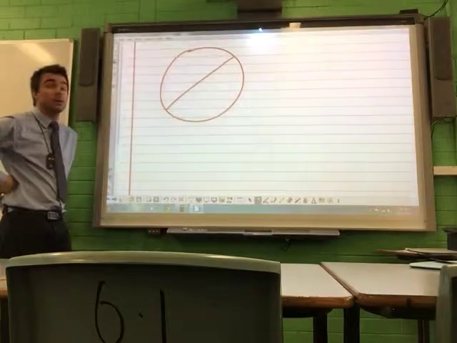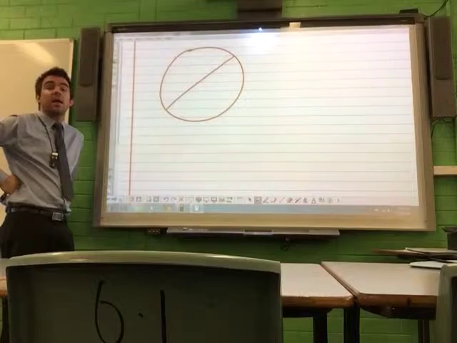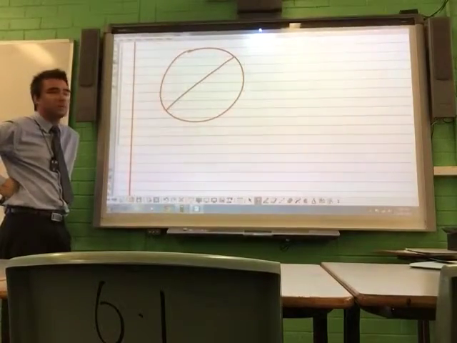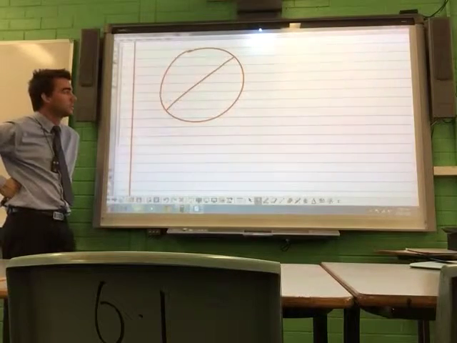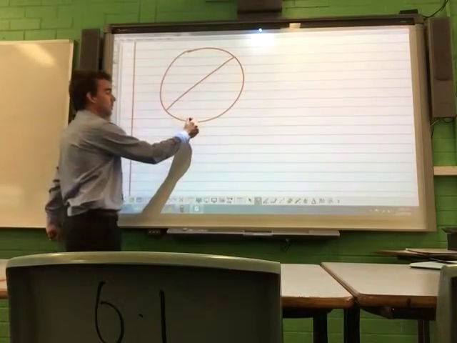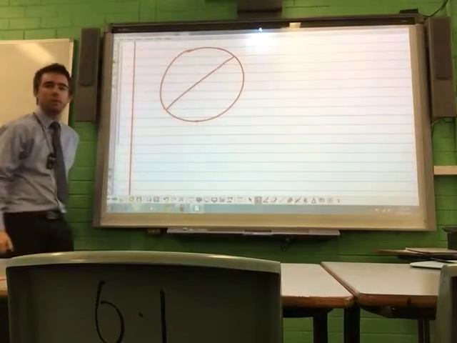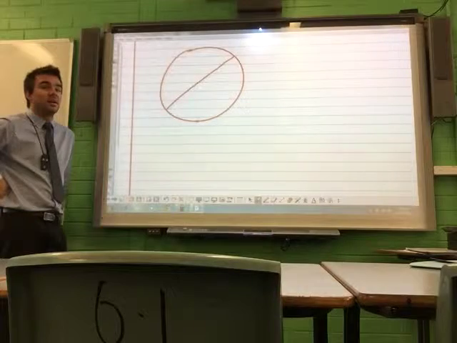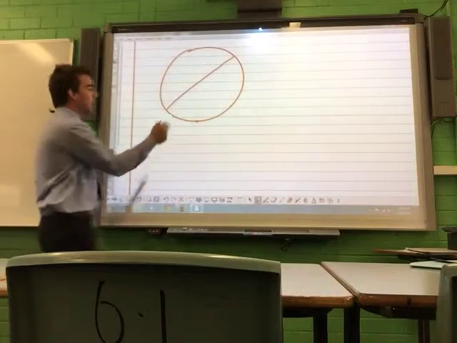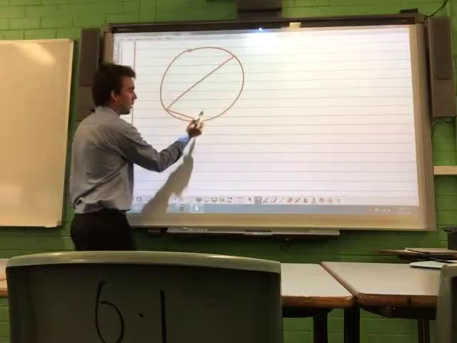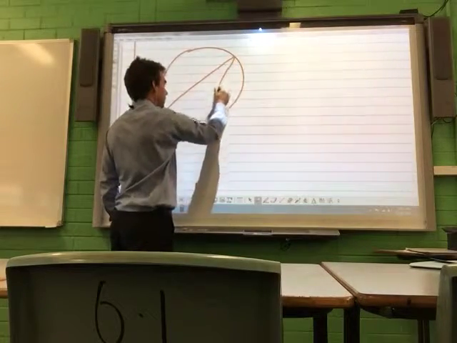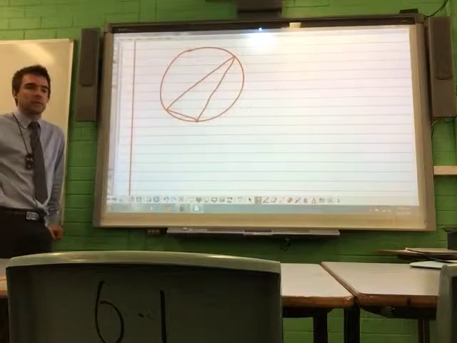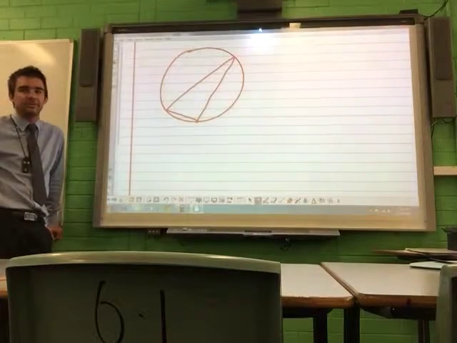Right, pick any point on the circumference, not too close to the endpoints of the diameter though. So here for example, then I want you to join the ends of the diameter up to that point. Depending on your accuracy, the angle there should be looking pretty close to a right angle.